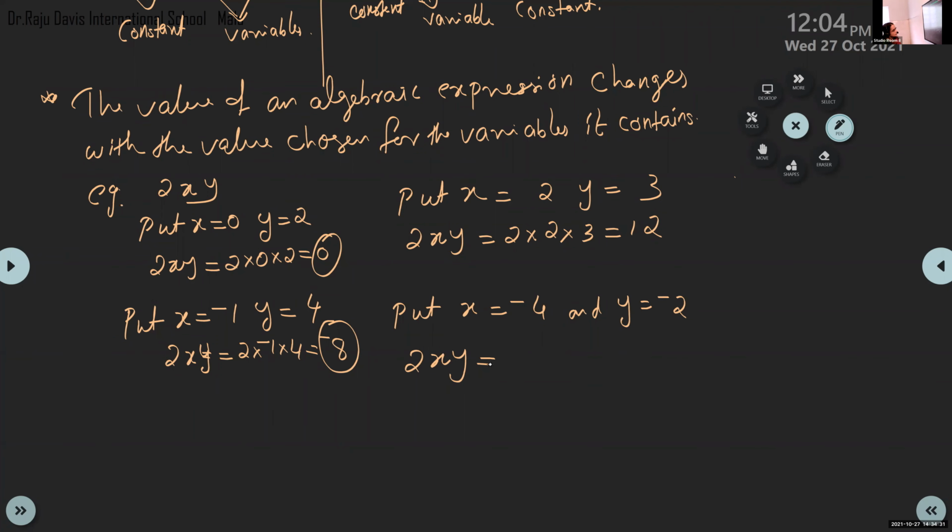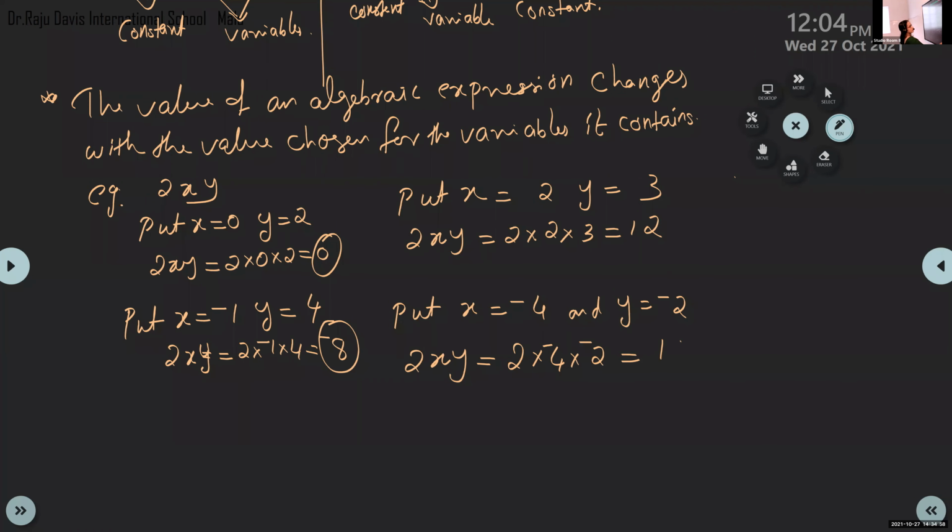What's the value, friends? Renan, what's the value when x equal to -4 and y equal to -2? Positive 16. 2 into 4 into 2 into -4 into -2.